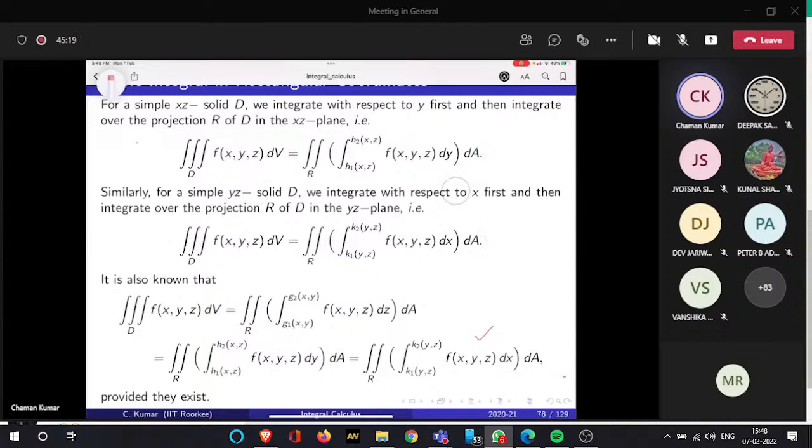Sometimes it happens that when you project the region in the XY plane, your calculation is easier. But if you try to solve the same problem by projecting the region D in some other plane, let's say the YZ plane or XZ plane, then the calculation may become complicated and sometimes you may get stuck.